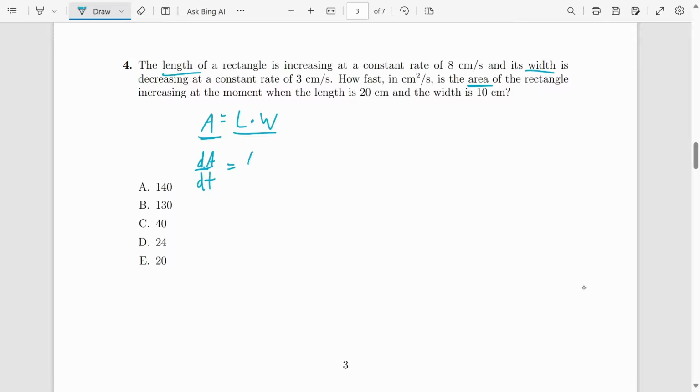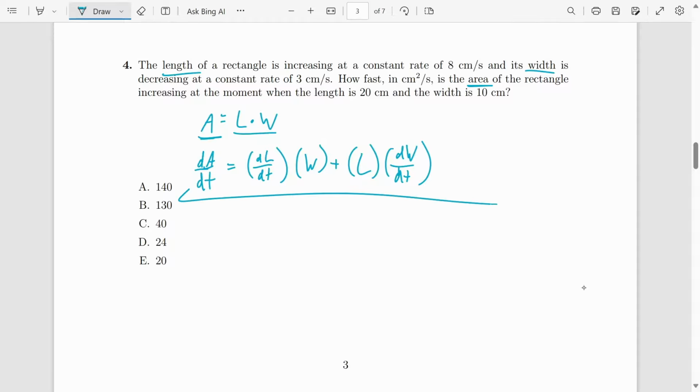We have the derivative of L, which is dL over dt, times W, plus L times the derivative of W, which is dW over dt. I'm just going to call this the derivative of the area equation.